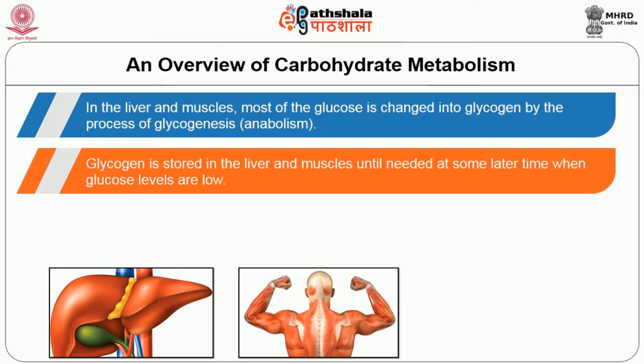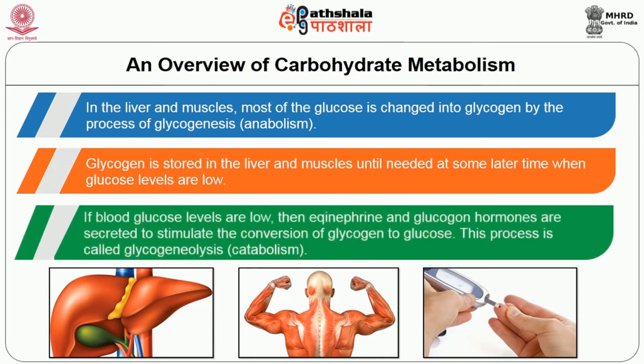Glycogen is stored in the liver and muscles until needed at some later time when glucose levels are low. If blood glucose levels are low, then epinephrine and glucagon hormones are secreted to stimulate the conversion of glycogen to glucose.